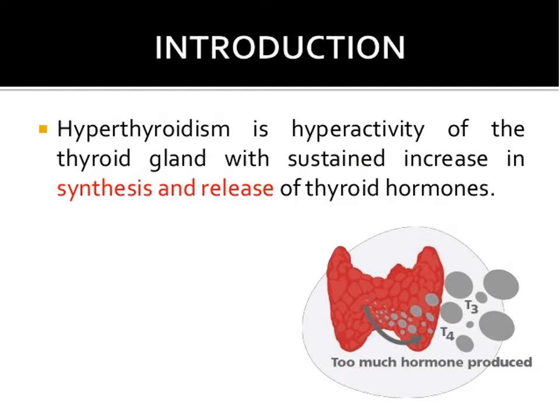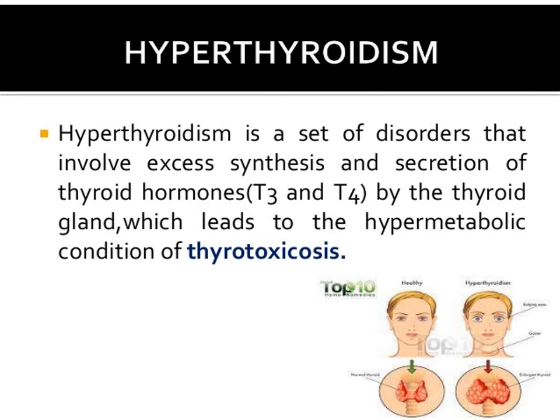Hyperthyroidism is hyperactivity of the thyroid gland with sustained increase in synthesis and release of thyroid hormones. Hyperthyroidism is a set of disorders that involve excess synthesis and secretion of thyroid hormones T3 and T4 by the thyroid gland, which leads to the hypermetabolic condition called thyrotoxicosis.